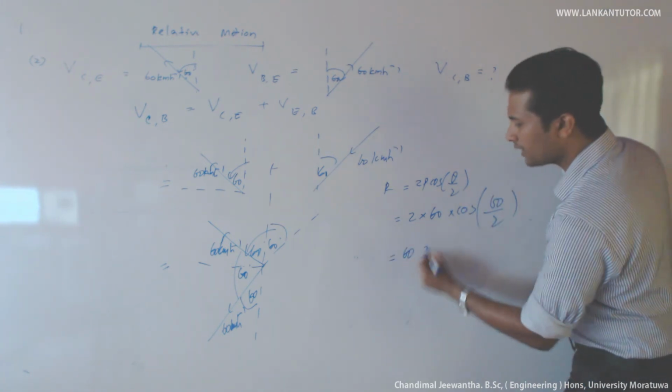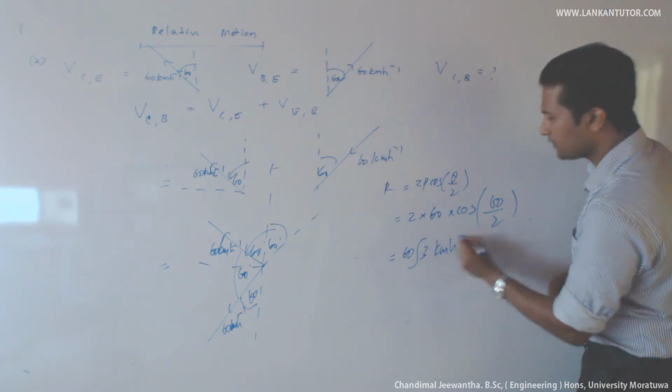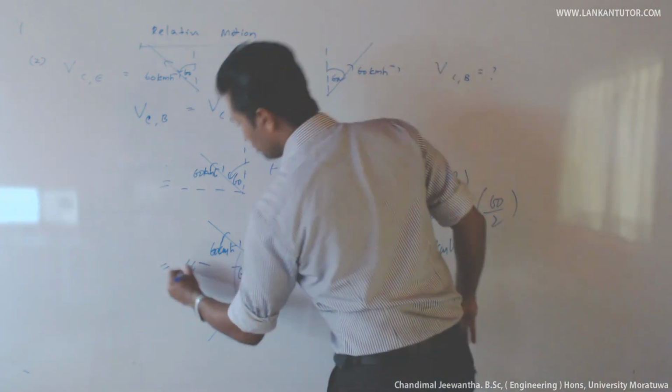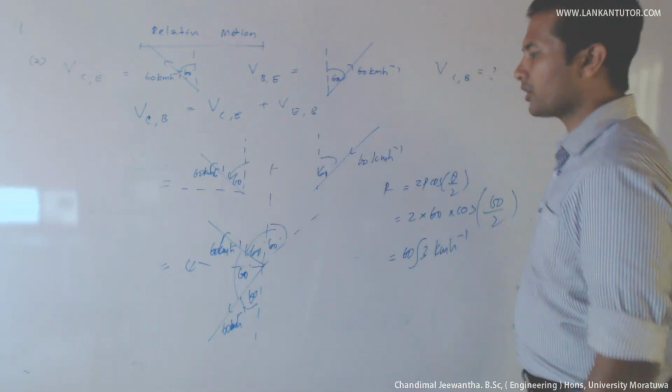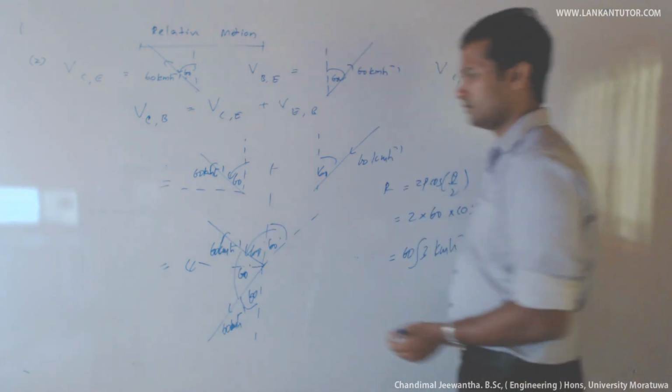So the final answer is 60 root 3 kilometers per hour, towards east, because these two vectors are equal to each other. That's all.